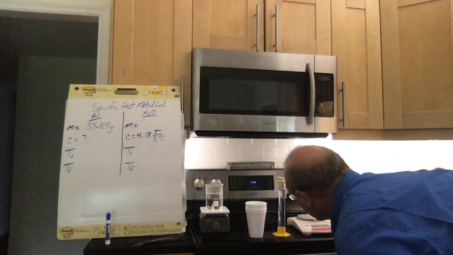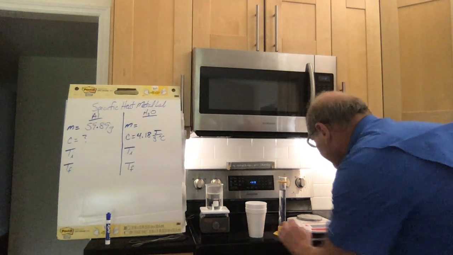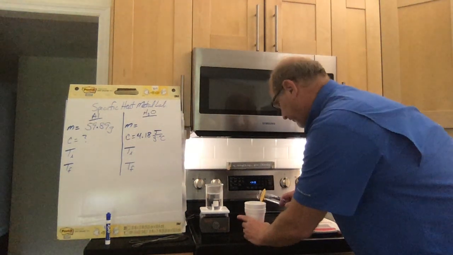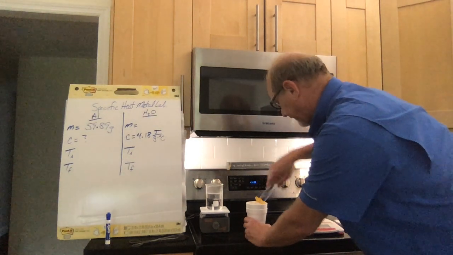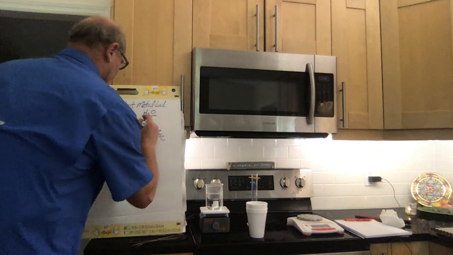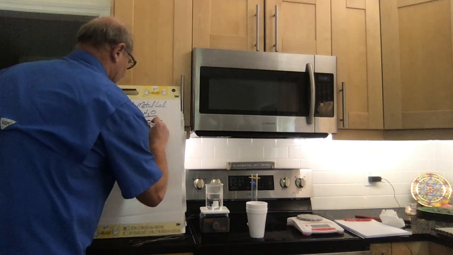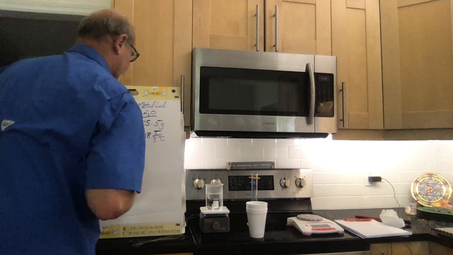I've got a graduated cylinder here, and I've measured this out so that my water is at 95.5. I'm going to pour that on in there. It's at 95.5 mils, and we're going to trust that that's 95.5 grams.